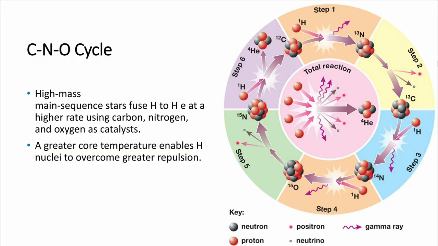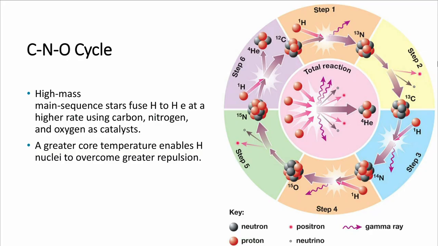Oxygen 15 is not stable, so it decays into a positron and a neutrino, and then that leaves you with a nitrogen 15. That fuses with hydrogen, and you get out a helium 4 and a carbon 12. And that carbon 12 can go back into starting the next cycle for the CNO cycle.